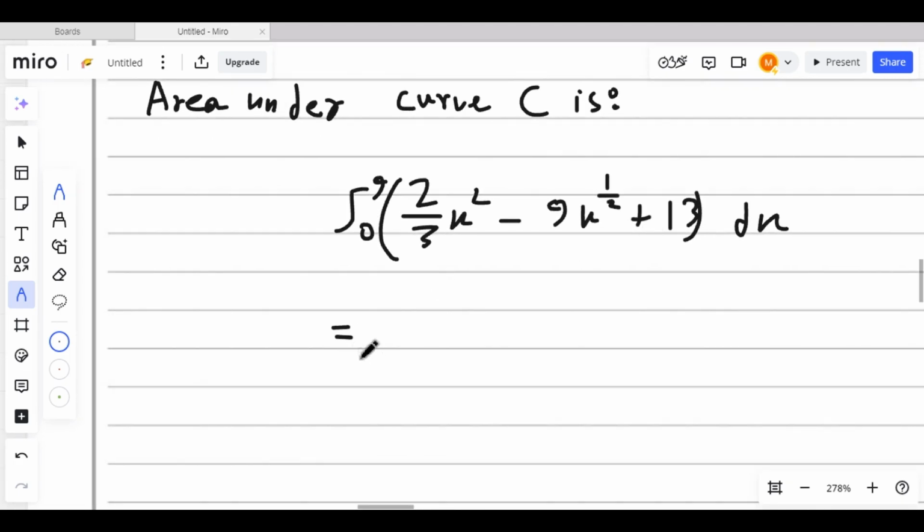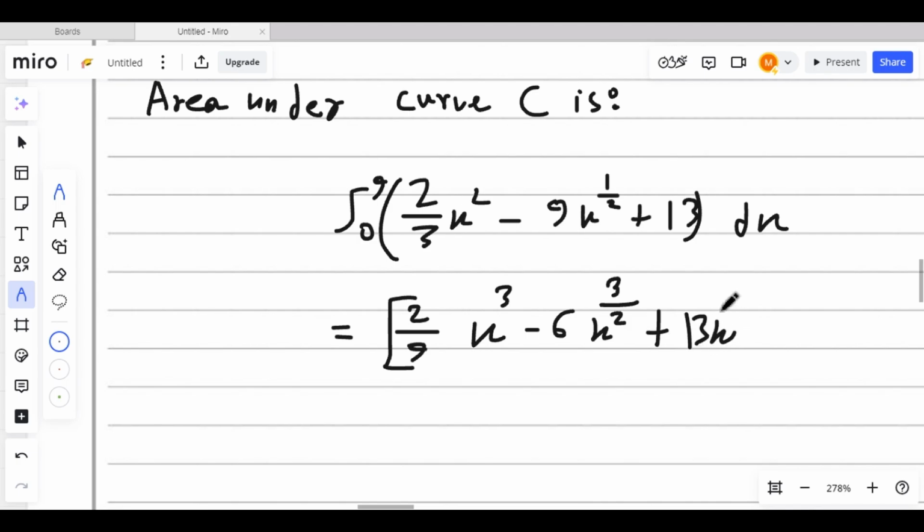Now integrate. You will get x cubed there. One gets added to the power, and then divide 2 over 3 by the new power. Get 2 over 9 x cubed. Then 9 x to the power half: half plus 1 is 3 over 2, so 9 times 2 over 3, which is 6. Negative 6 x to the power 3 over 2 plus 13x.